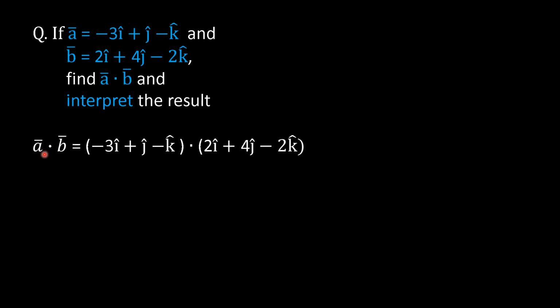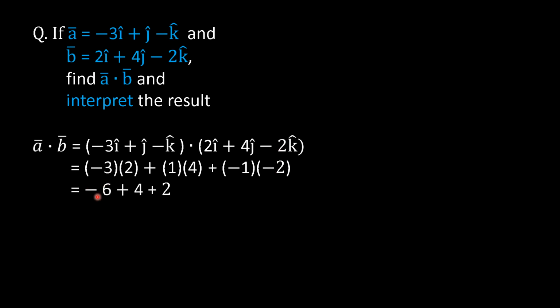Here a bar dot b bar will be minus 3 multiplied by 2, 1 multiplied by 4, plus minus 1 multiplied by minus 2.